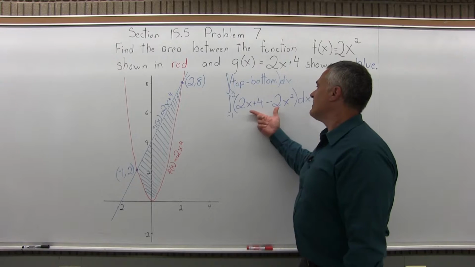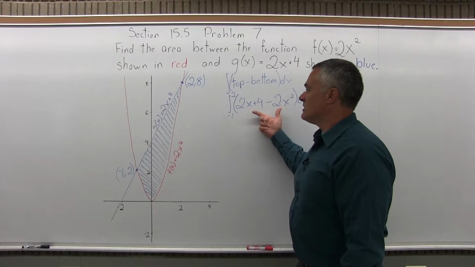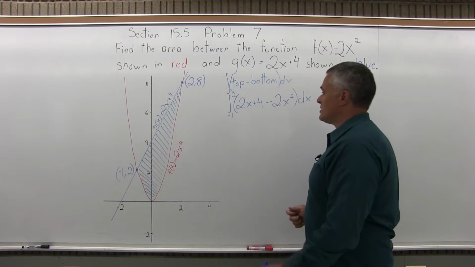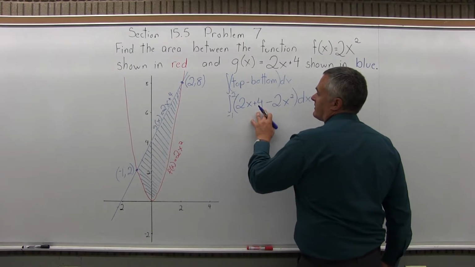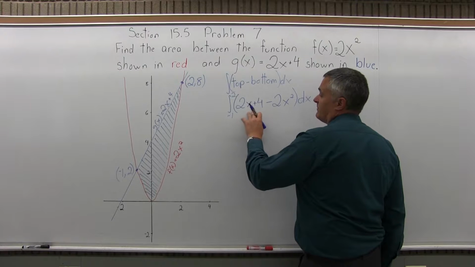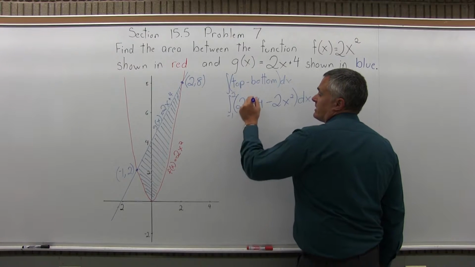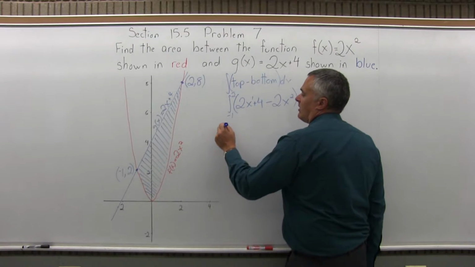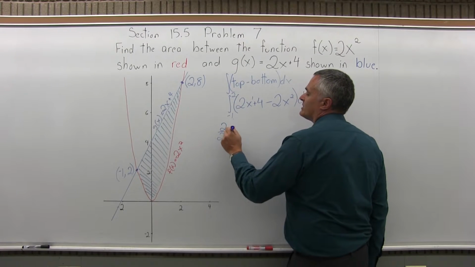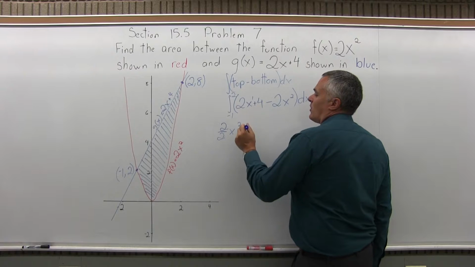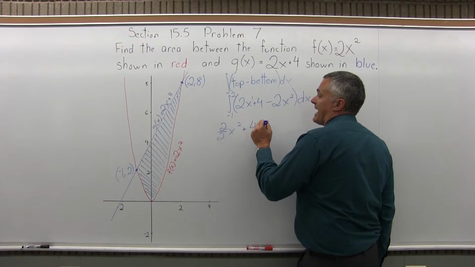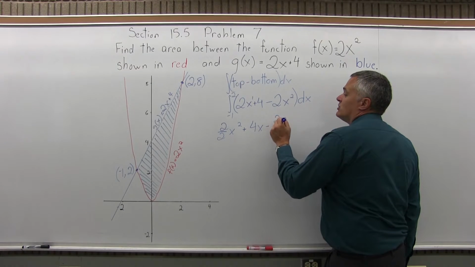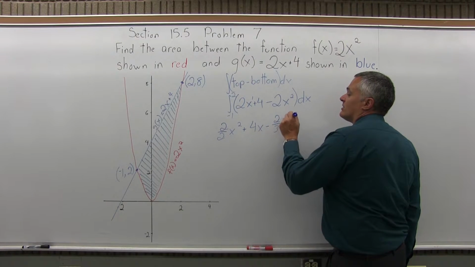So now I have a definite integral that I can use 4 steps to solve that will find the area shaded on my graph. The first of 4 steps to solve a definite integral is actually do the integral. The 2x can be thought of as 2x to the first. It'll have an integral of 2 over 2 x squared. The 4 will have an integral of 4x. The minus 2x squared will be minus 2 over 3 x cubed.